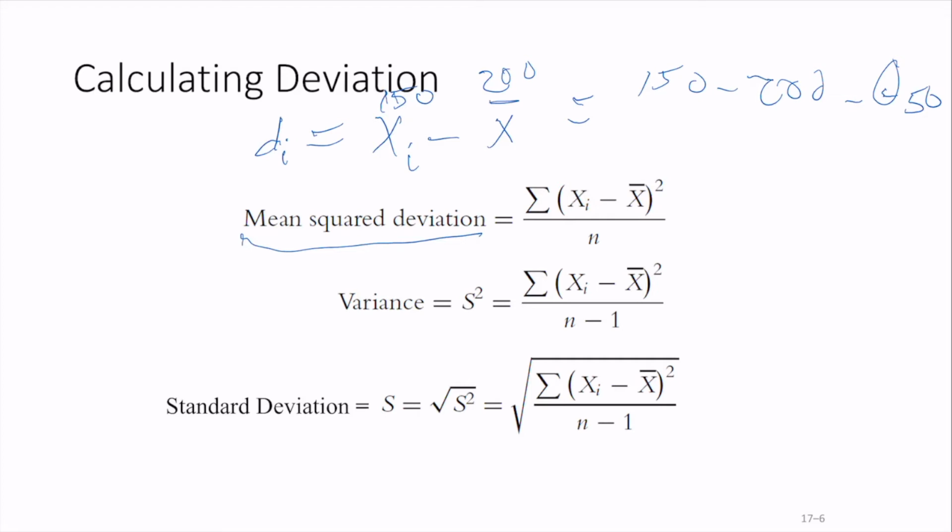So in the case that we saw up here, it would be 150 minus 200. But instead of just going straight forward, you would square that and divide it by n. And that would give the mean squared deviation. And that'll offset the possibility that you will have positives or negatives.